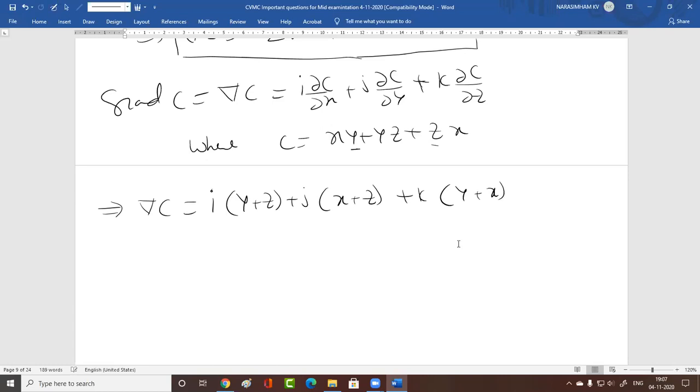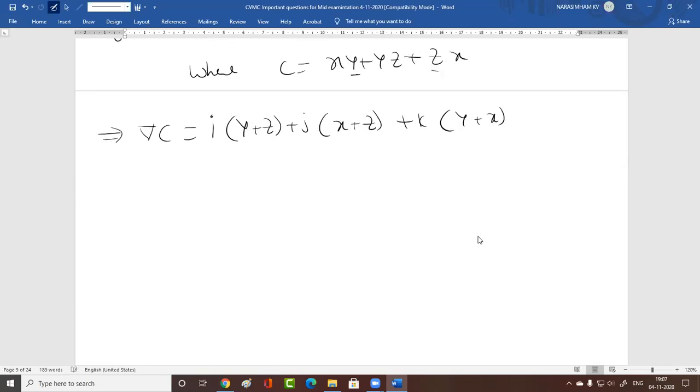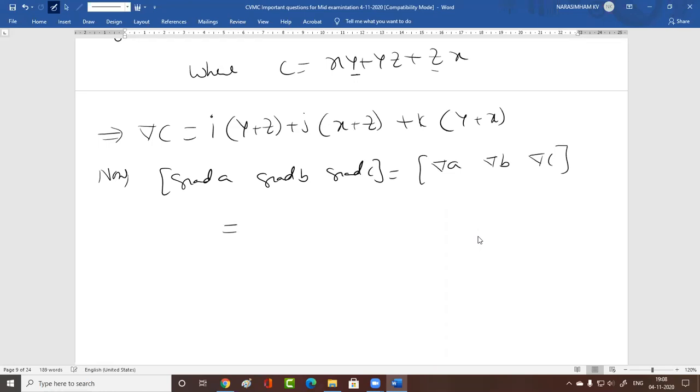Okay. Now we will find box of grad A, grad B, grad C. Gradient is nothing but gradient of A, gradient of B, gradient of C. Nothing but box of del A, del B, del C. Box is nothing but determinant of.